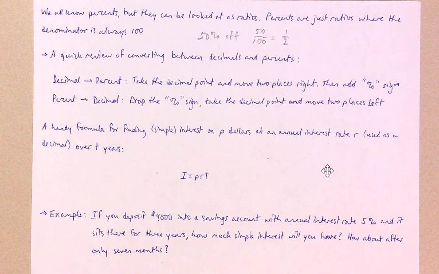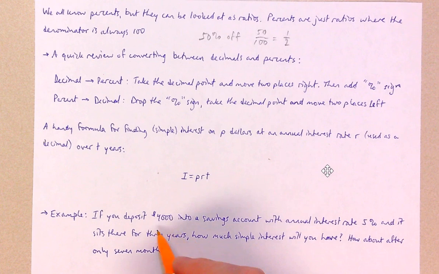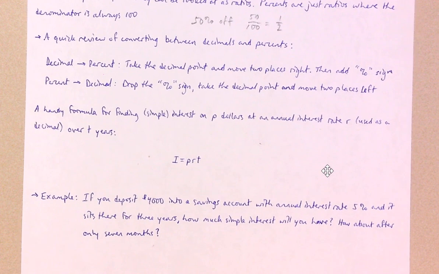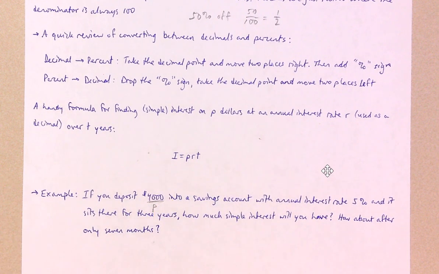What about if you only let the money sit in there for 7 months? So P is the amount of money that we have sitting inside of the savings account. It's how much money we put in. And we deposited $4,000. So that's my P value there. R, we said, was the annual interest rate.